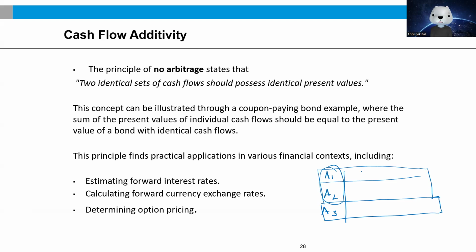And let's assume that we are specifically talking about two markets. You could pick any market. Let me pick the market in India, and let's pick the US. And both A1 and A2 trade in India as well as in the US.